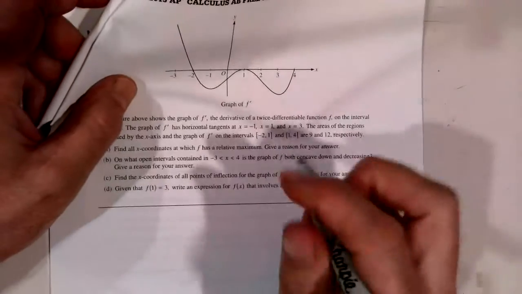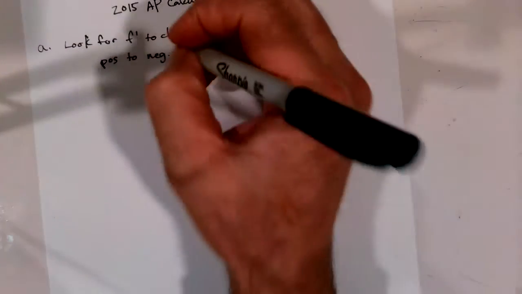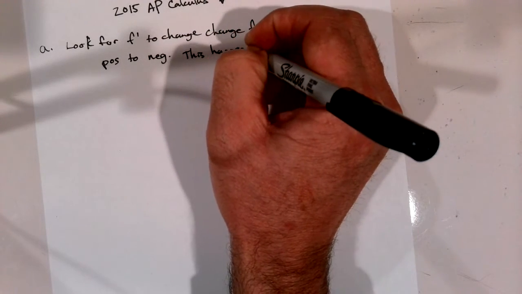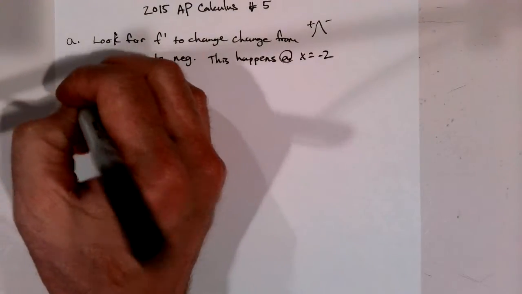Look for f prime to change from positive to negative. Where does f prime change from positive to negative? It changes here at -2. This happens at x equals -2. Good.